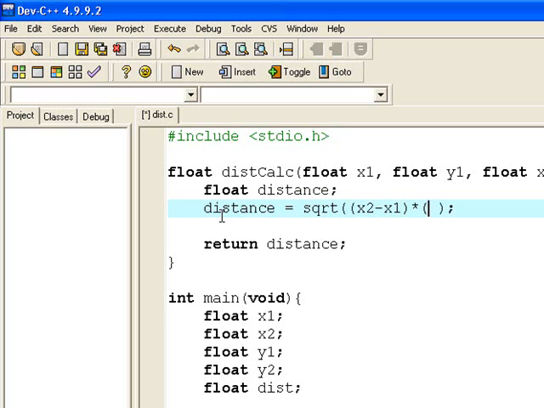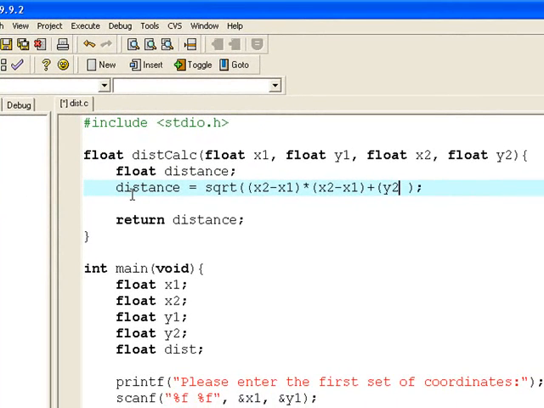Do that twice as I showed you earlier. x2 minus x1, because that's going to square it. Then we're going to add to that y2 minus y1, y2 minus y1. Okay, and so that's the full formula there.